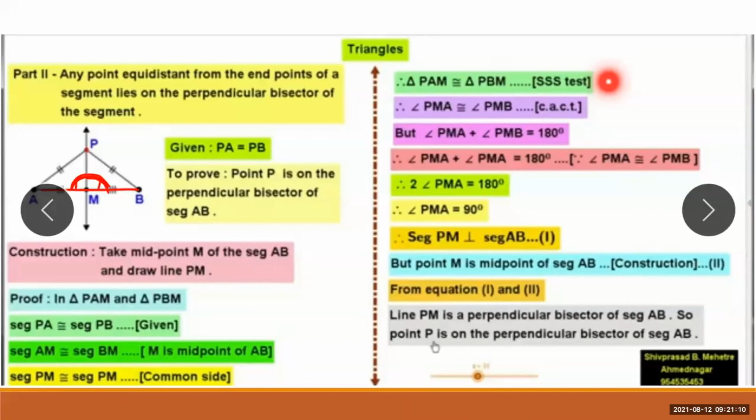Now, as the triangles are congruent, their corresponding angles will also be congruent. So angle PMA is congruent to angle PMB. See, angle PMA, that means this angle.